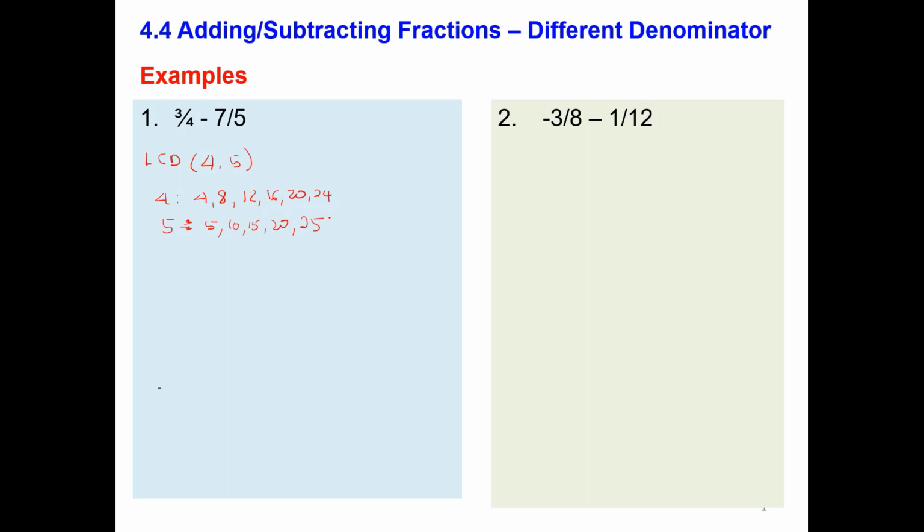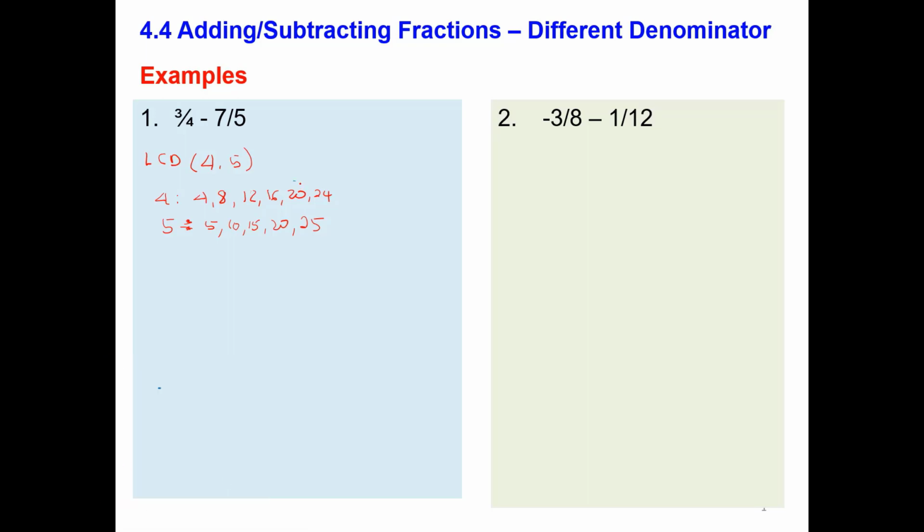Now we need to select the smallest common one. Then we have the least common multiple, looking at 4, 8, 12, 16, 20 and 5, 10, 15, 20, we know it is 20.